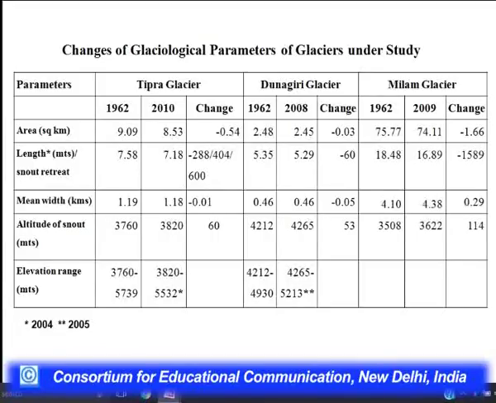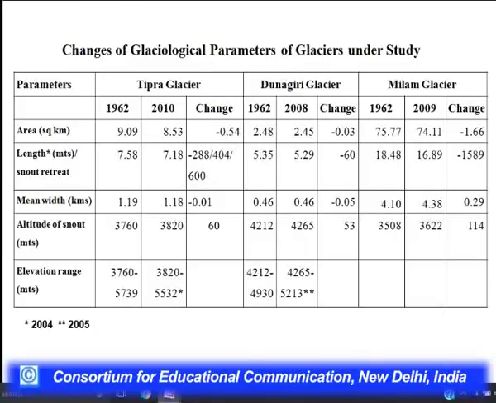Area: not much change in all three. Length change occurred; if you see this length, except Milan, we have the change. Mean width in kilometers, particularly you can see in the case of Milan. Altitude of the snout also has changes in all cases except Dhaulagiri, not much change.